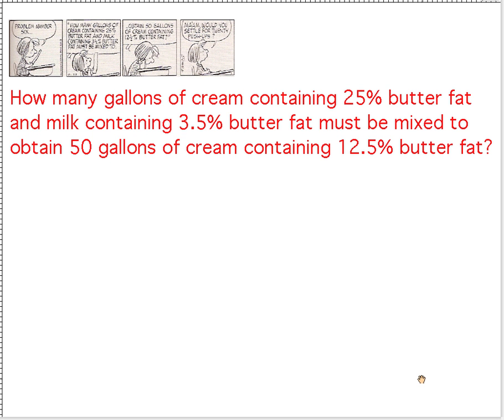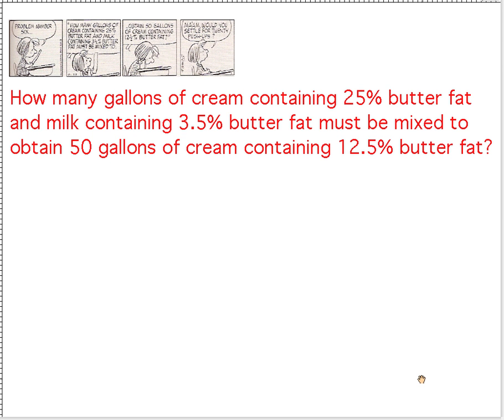Now, I'm going to read the problem, but not in a way that would confound Peppermint Patty. I'm going to omit some of the information. And by doing that, I get at what I call the simple sum. In fact, it sort of just stands out at you. I'm going to eliminate the percentages of butterfat and simply read it like this.